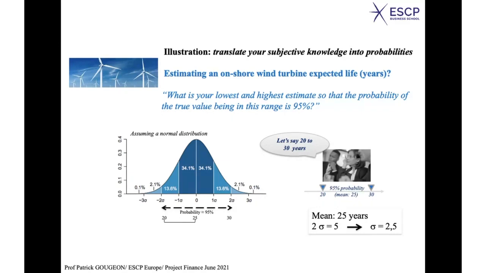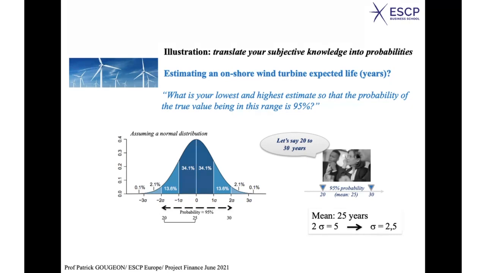Okay, and this type of thing, you can do it for each parameter which has an influence on the outcome of your project. So now, you have understood how we can transform your subjective knowledge, your subjective uncertainty, into a probability distribution. This is what we have done here.